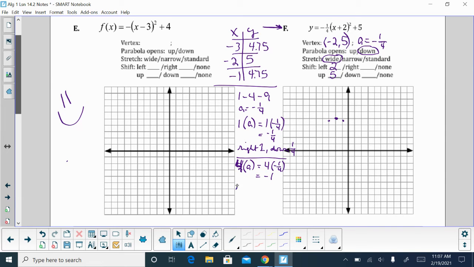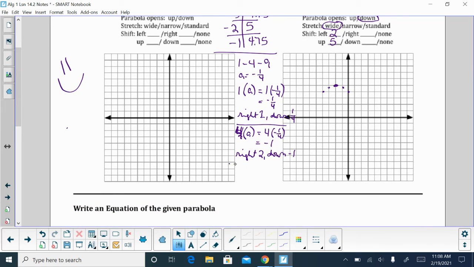So what that says is I go from the vertex right 2, and I'm going to go down 1. So here I am at my vertex, right 2, down 1, and I have a mirror image over here, just the nature of a parabola.